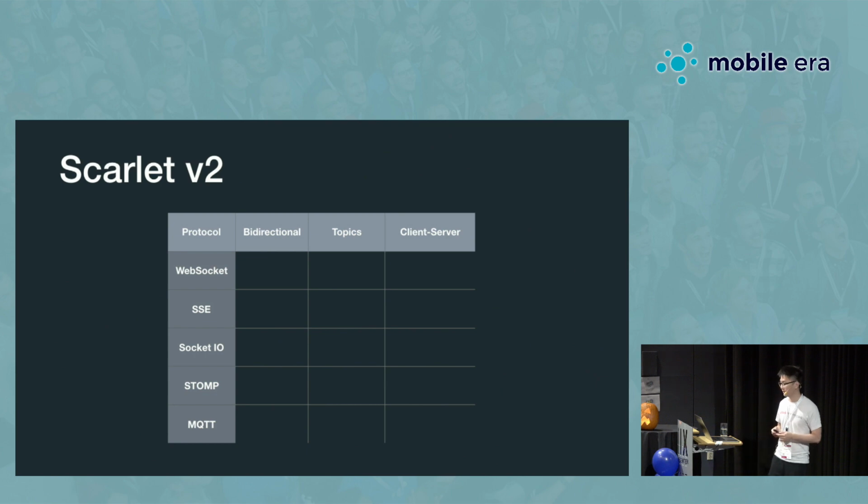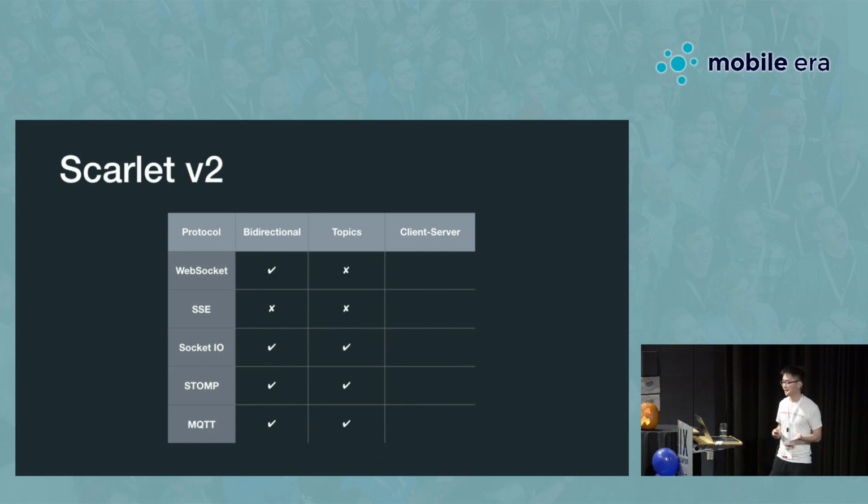Supporting different protocols is actually very challenging. It's challenging because they're very different. Not every protocol is bidirectional. Server-sent events, as its name implies, only allows the server to send string messages to the client.